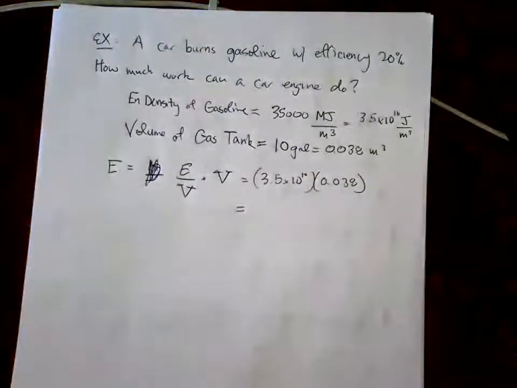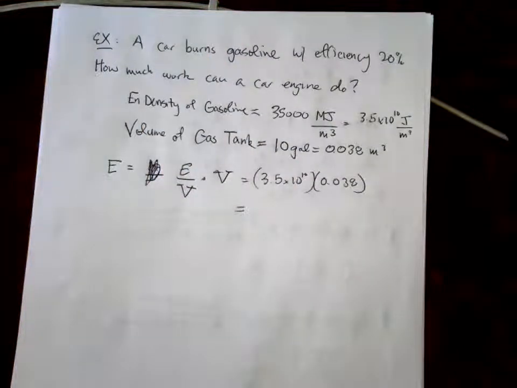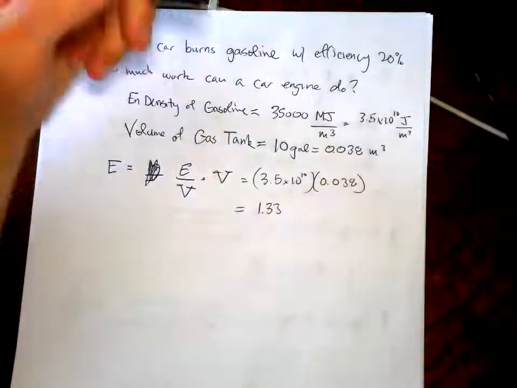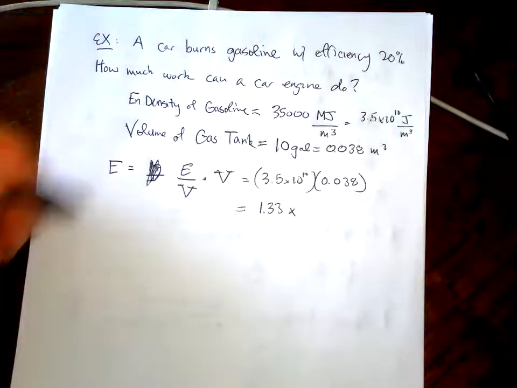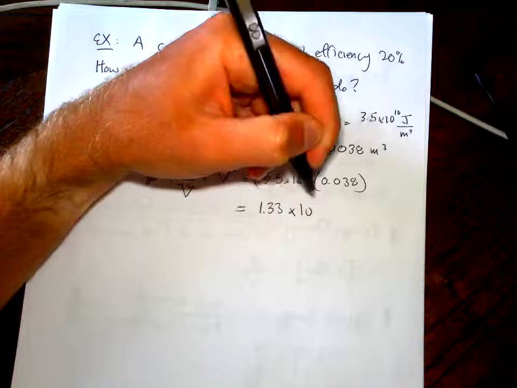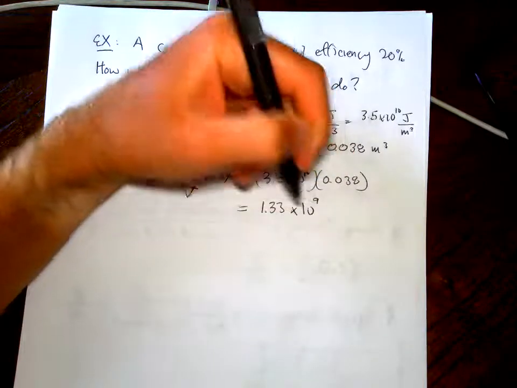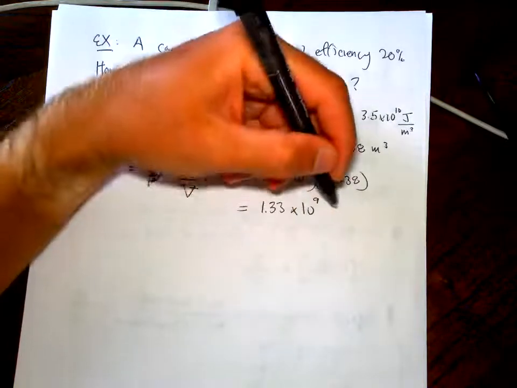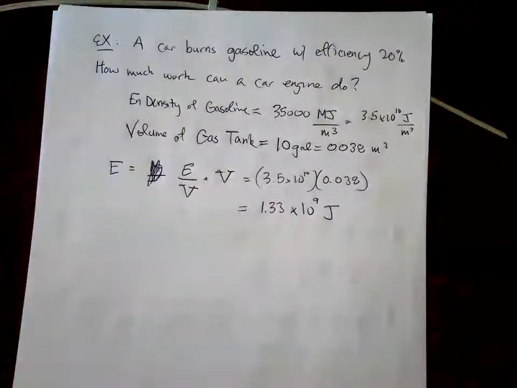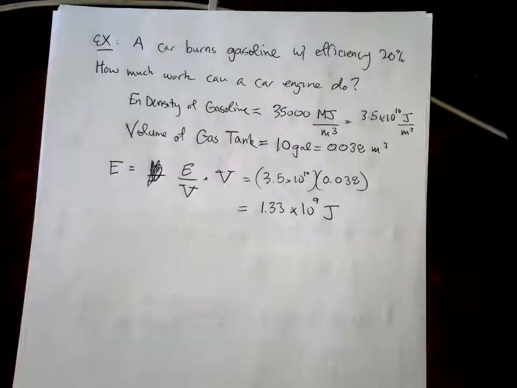So working that out, that gives me 1.33 times 10 to the 9th joules of heat released. So there you have it.